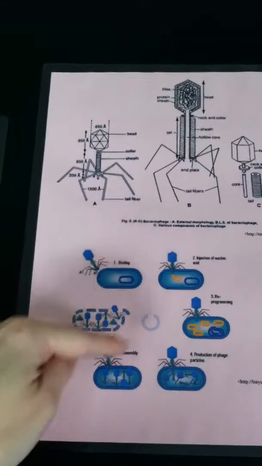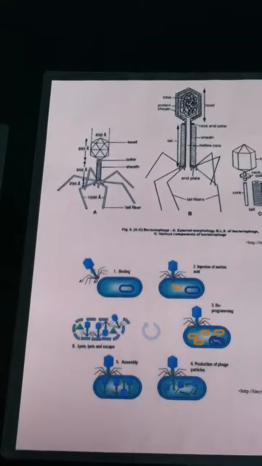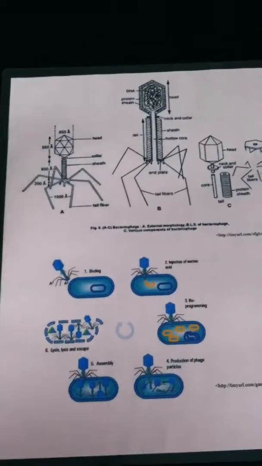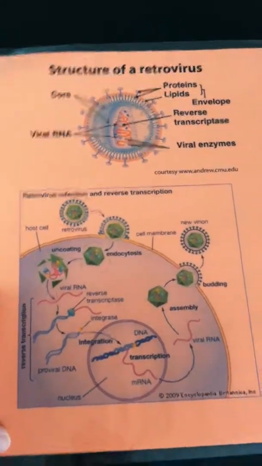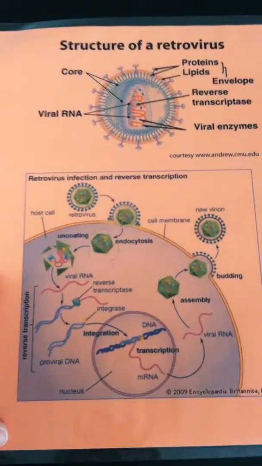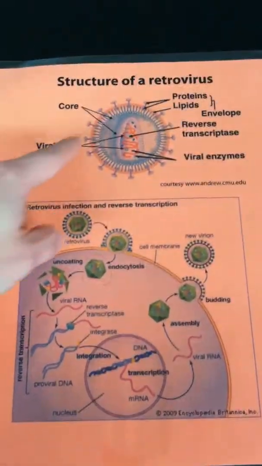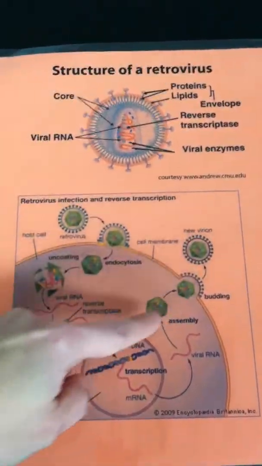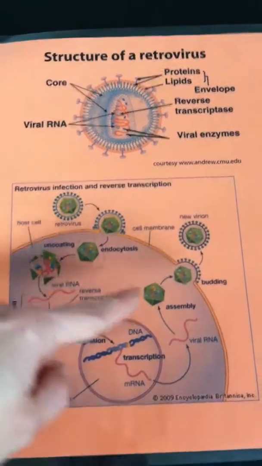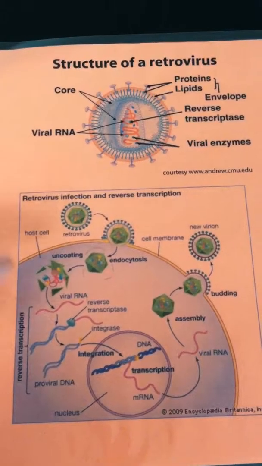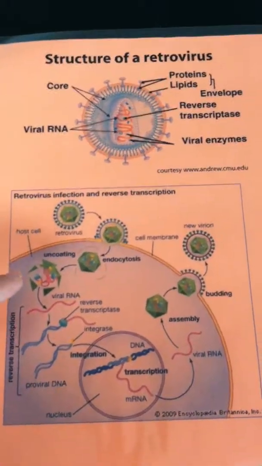They lyse open the cell and release copies so that they can be replicated by the organism overall. Another nefarious invader would be something like a retrovirus. This is more apt to invade a eukaryotic cell. And this is even more insidious in that it comes into the cell and corrupts the DNA of the host cell, and then uses that as a factory to make copies.